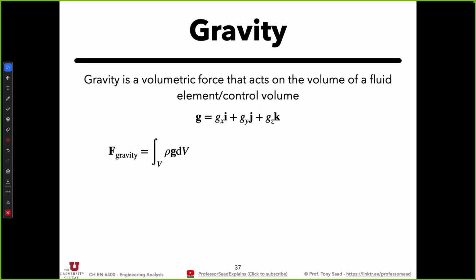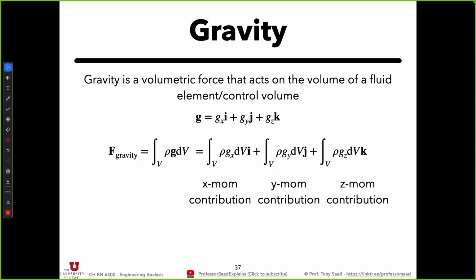Or another way to think about it, rho g is momentum equivalent to force per unit volume. It's kilogram meter per second squared, that's Newton, per cubic meter. And that is going to be rho gx dV in the i direction, y component, and z component. That's the net gravitational force. But I need each component because the x component is going to go in x momentum, the y component in y momentum, and the z component in z momentum.